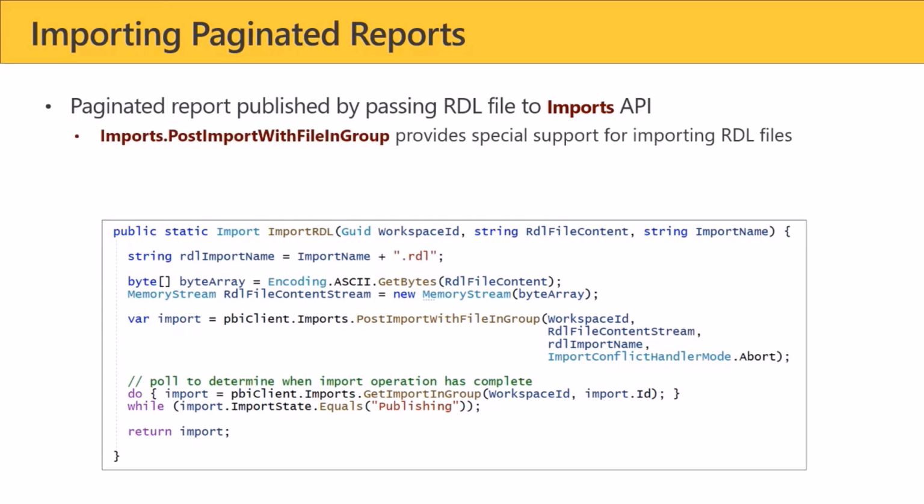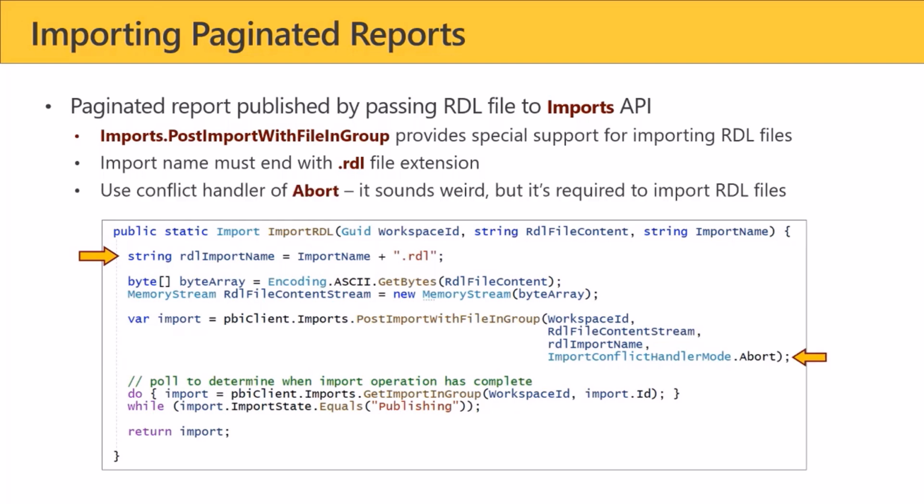So to import a paginated report, we're going to call the same thing, post import with file in group, but we have to take the import name and add .rdl to it. When it creates the report, it takes the .rdl off, but ending the import name with .rdl is the clue to say process this as an RDL file.